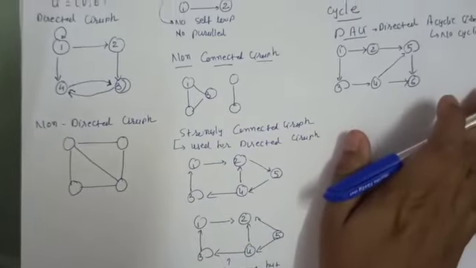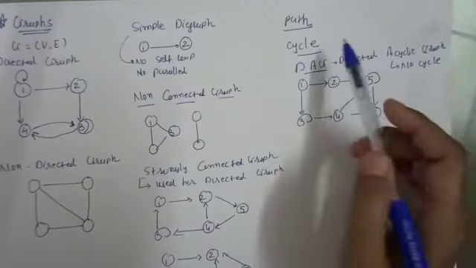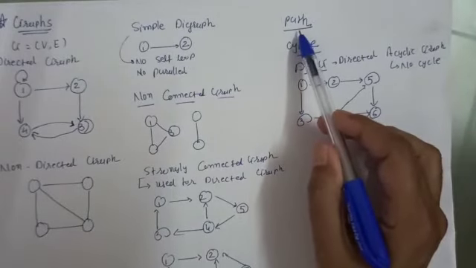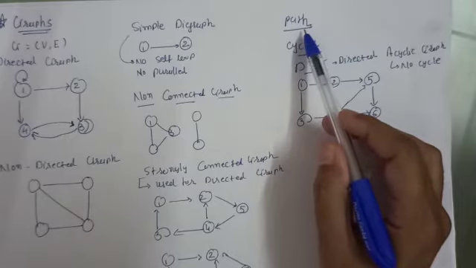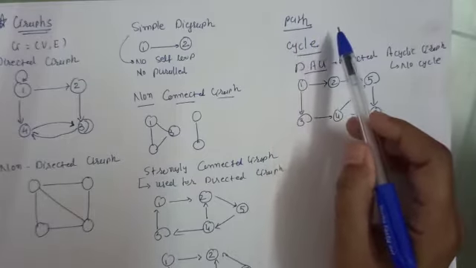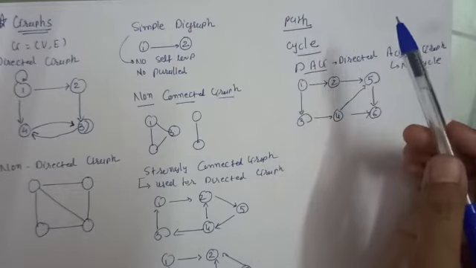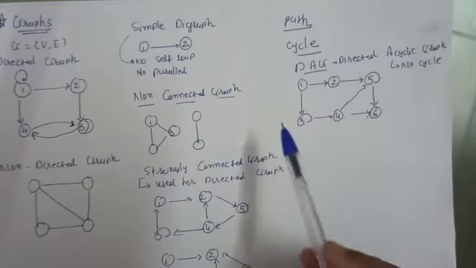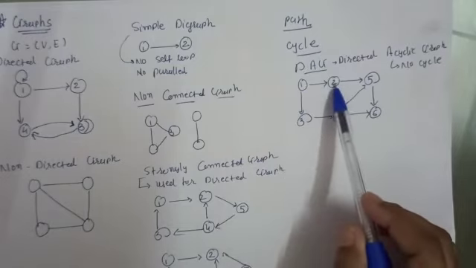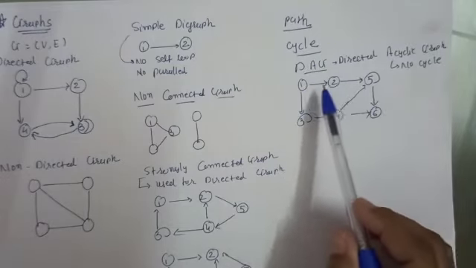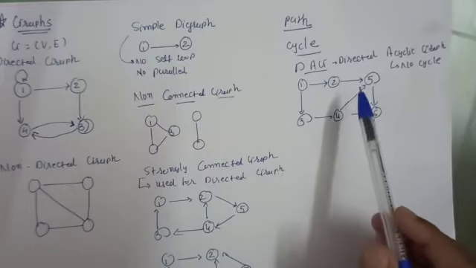The next terminology associated with graphs is path. A path is nothing but the set of all the vertices in between a pair of vertices. For example, here a path from 1 to 5 is 1 to 2, 2 to 5; you can say this is one path.